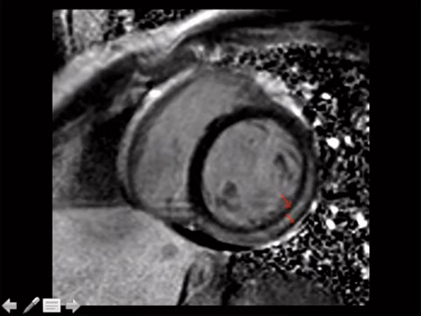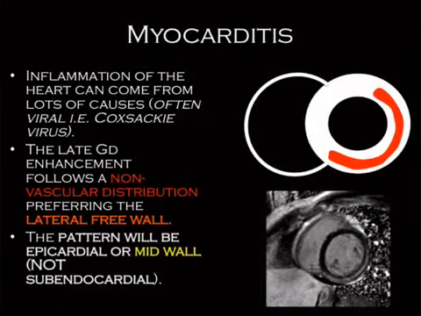So we're dealing with non-ischemic heart disease here. This is myocarditis. So it's mid-wall or epicardial, not subendocardial. If they show it to you, I think it will most likely look like this.